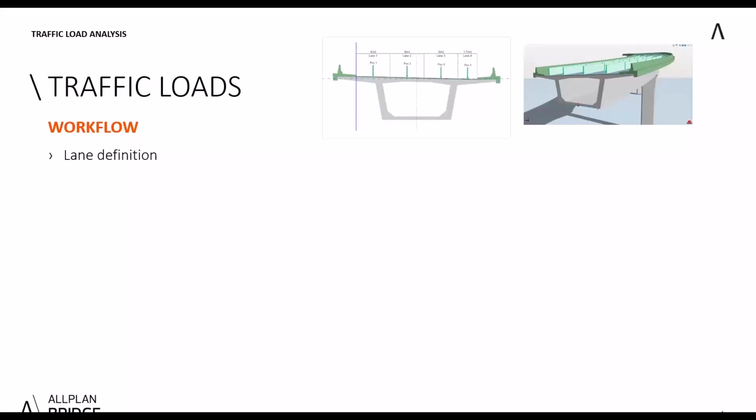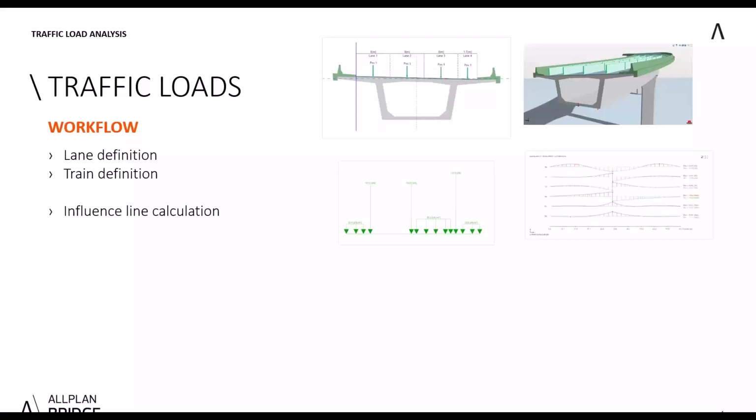And in Allplan Bridge, we can apply this in the very same way. Details are coming up in a minute, just to get the overview first. The second step would be the definition of the load trains. Also here we have possibilities to define any arbitrary load train that we might have. Details also in a minute.